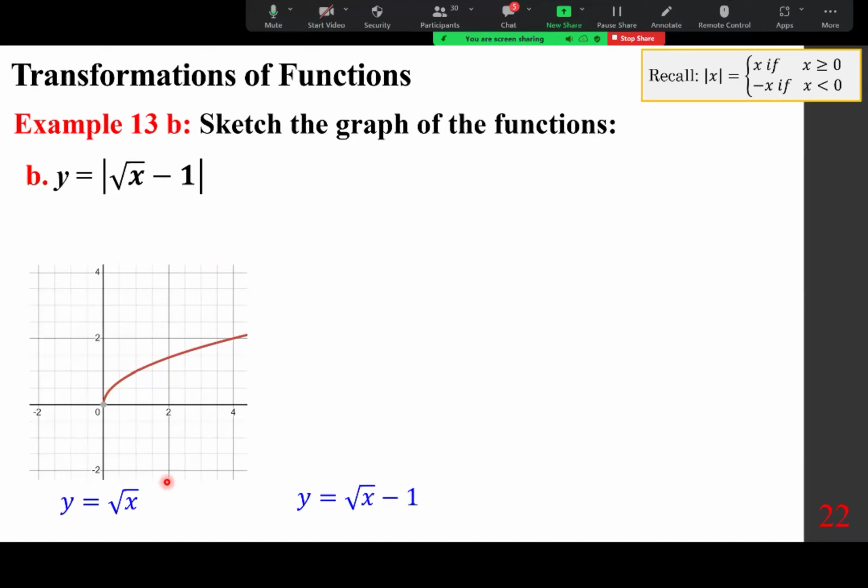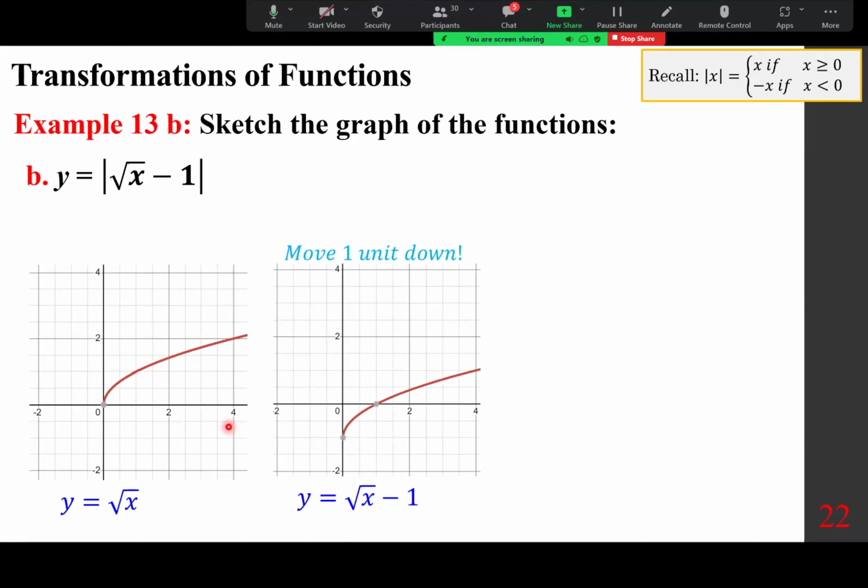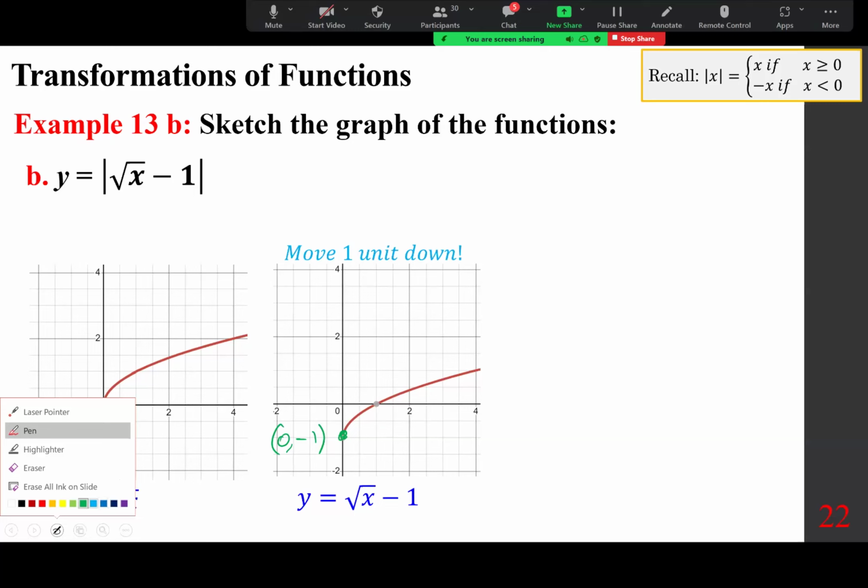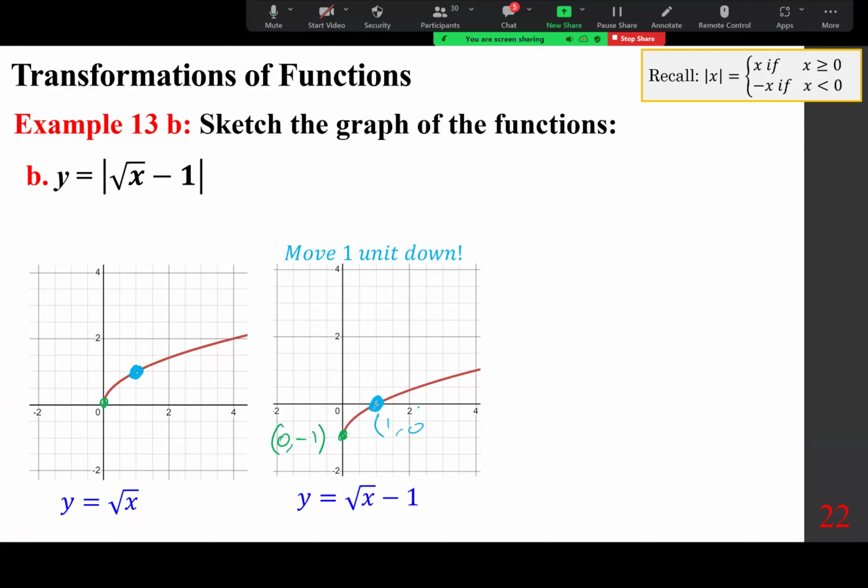Therefore, 0, 0 becomes 0, negative 1, and 1, 1 becomes 1, 0.